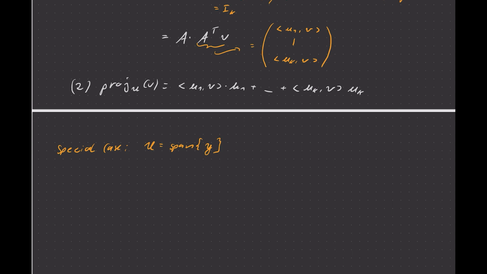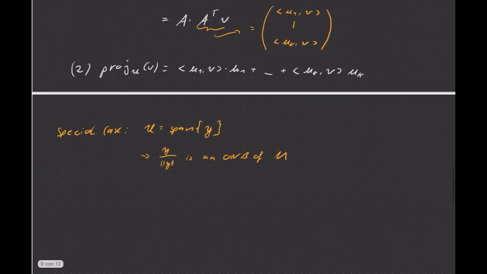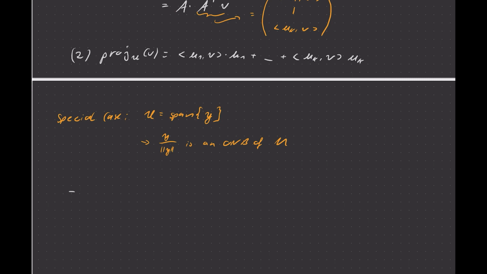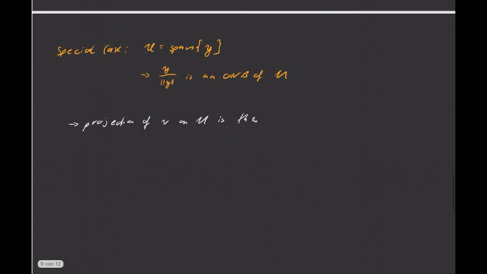Then of course an orthonormal basis of U is easy to find: the vector y divided by its norm is an ONB of U. Well, what happens then? What about the projection of v on U?